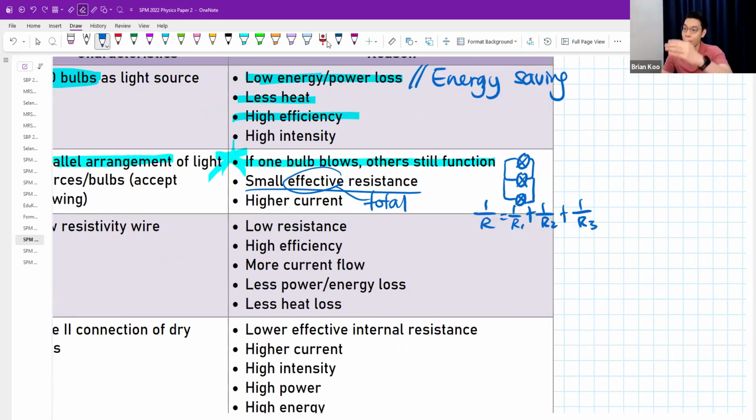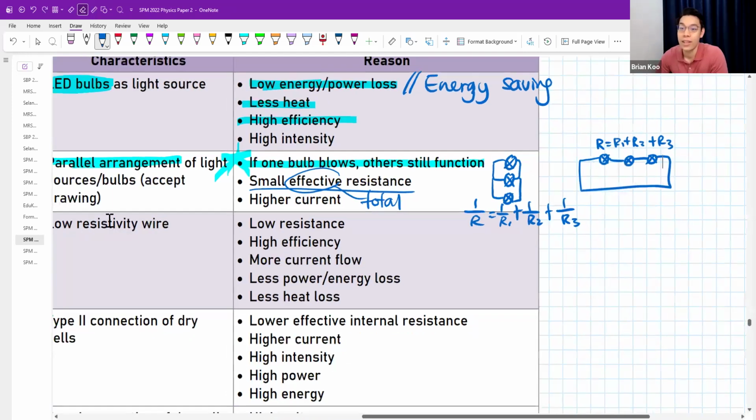The more branches you add, because of the 1 over, 1 over, 1 over like this, more parallel bulbs means lower resistance. Versus, if you do everything in series, then the resistance will be very high, because you add it up like this. Okay. So that also works.